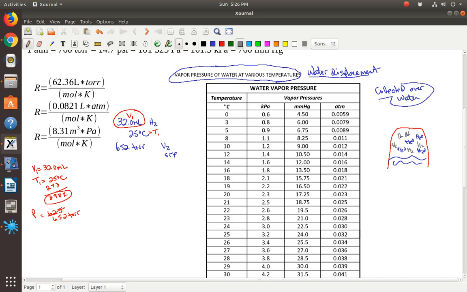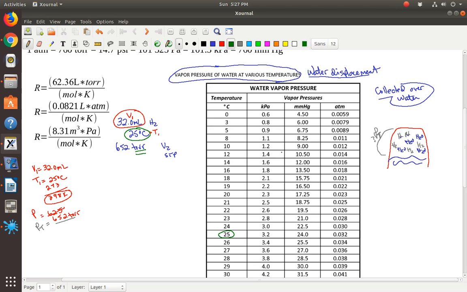So to know what the pressure is inside here, this is the total pressure. That's what the 652 is. I want to know what the pressure of just the hydrogen is, so I'm going to have to subtract out the water vapor. What I do is find the temperature that I was given, 25 degrees Celsius, and I was given this pressure in torr, so I try to find torr.